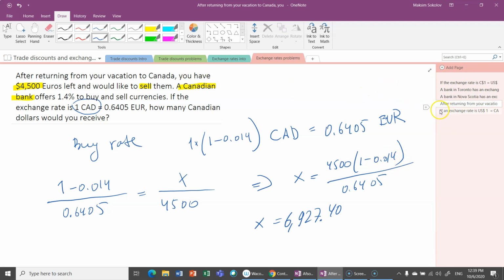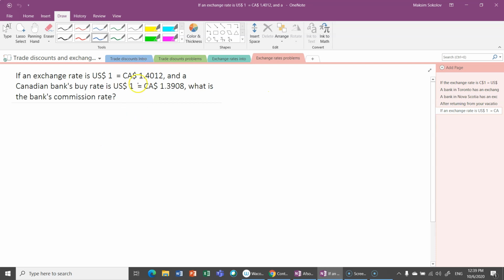And finally, let's check out our last problem. If an exchange rate is 1 US is 1.4012 Canadian, and the Canadian bank's buy rate is 1 US dollar is 1.3908, what is the bank's commission rate? So how much does the bank charge in commission in terms of rate?